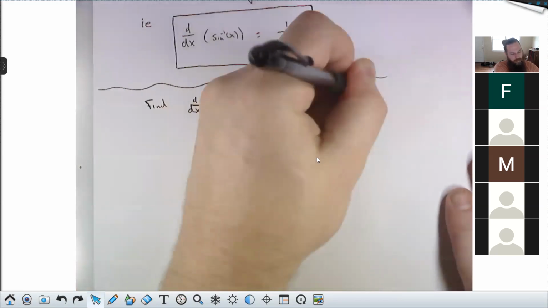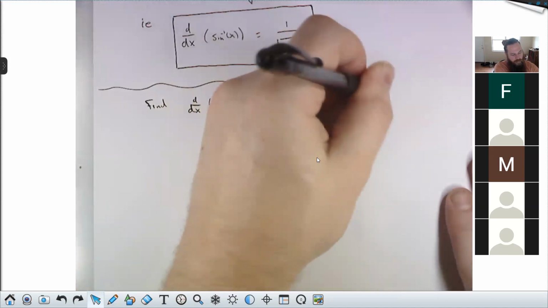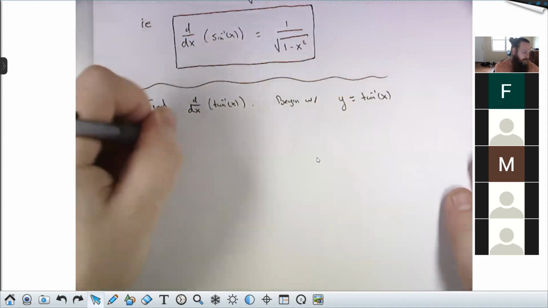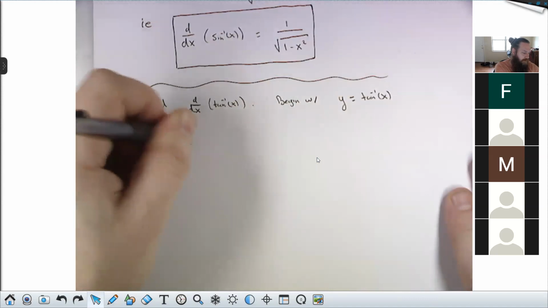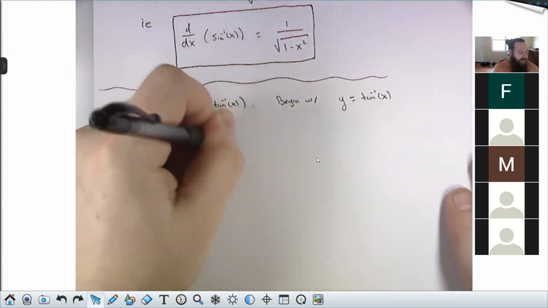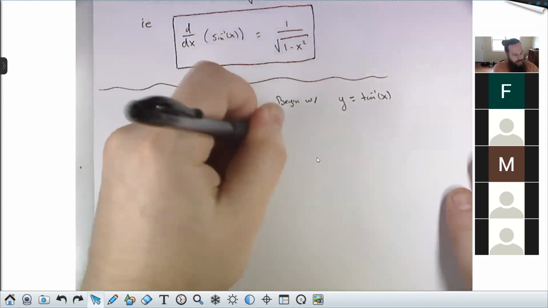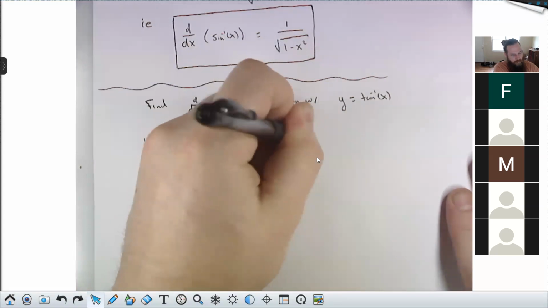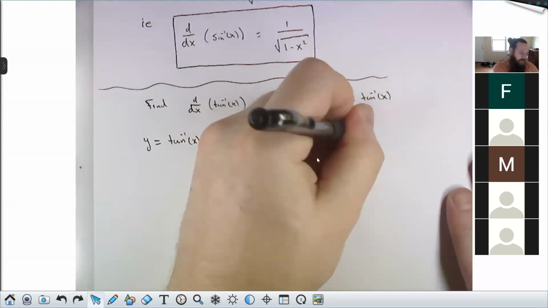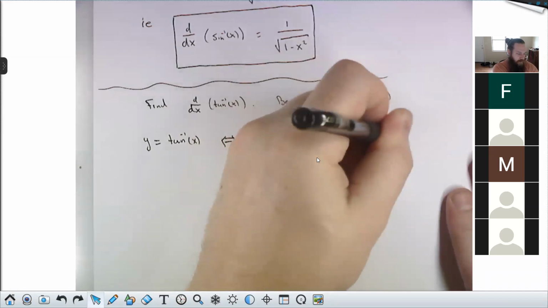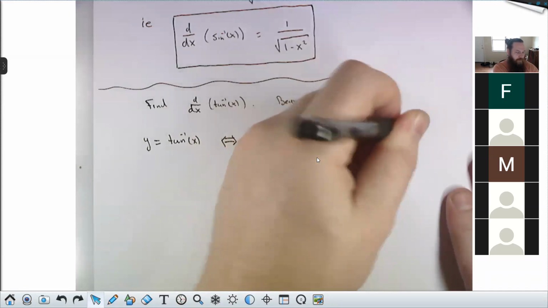We begin with y equals the inverse tangent of x, and that is equivalent to saying the tangent of y is equal to x. The associated domain restriction here is negative pi over 2 is strictly less than y is strictly less than pi over 2.